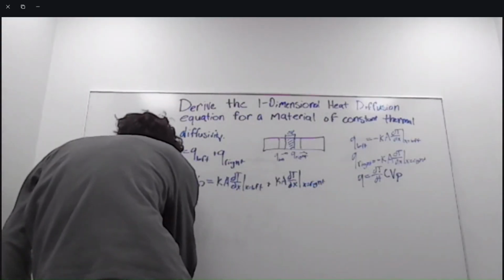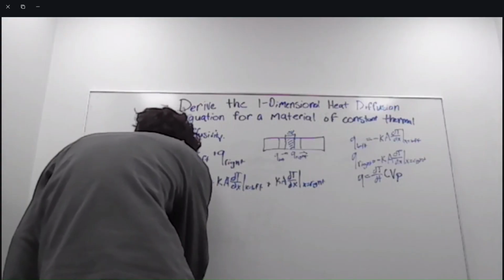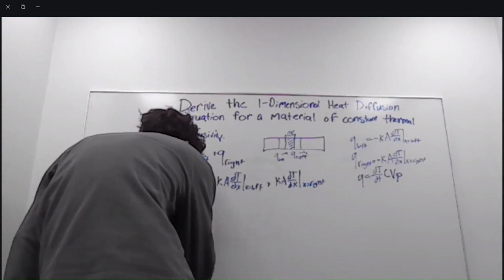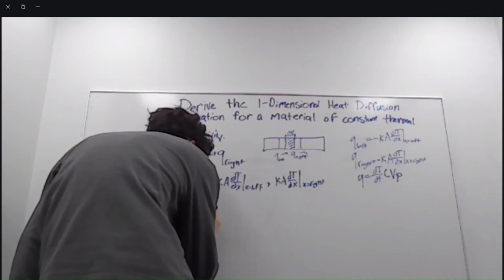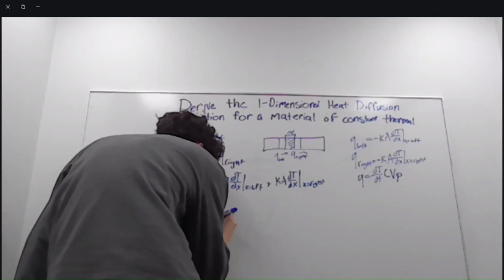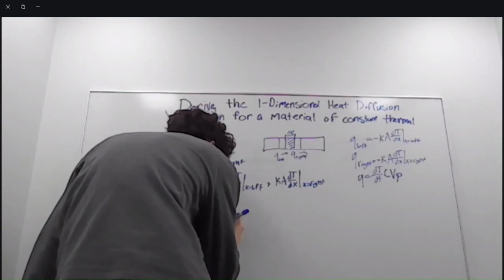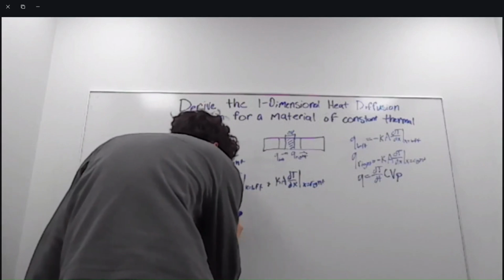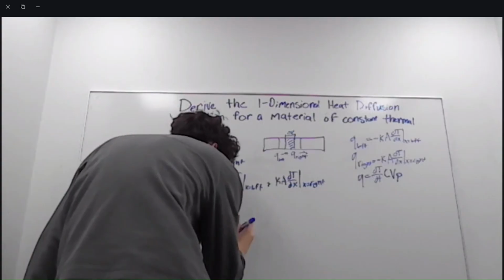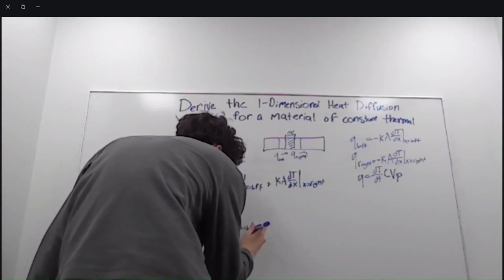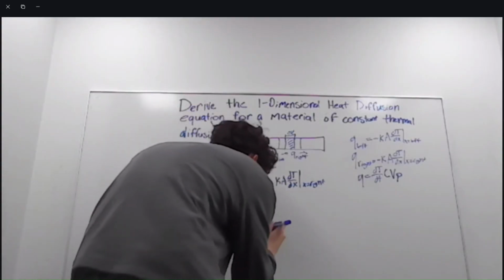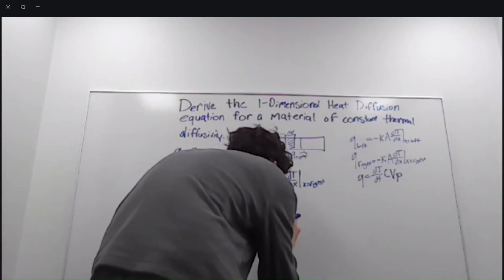So we have our temperature derivative with respect to time, heat capacity, our delta x, and our density, with our thermal conductivity and dT dx with respect to position, and then the same thing for the right.